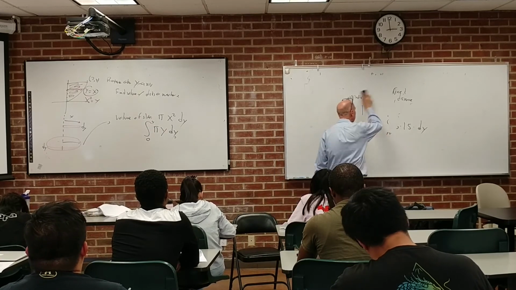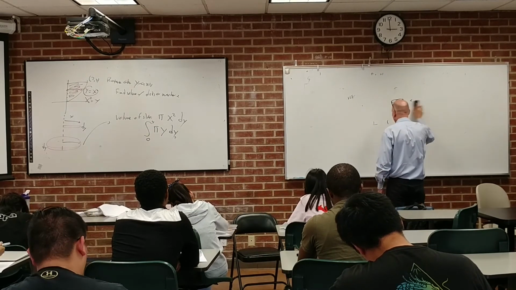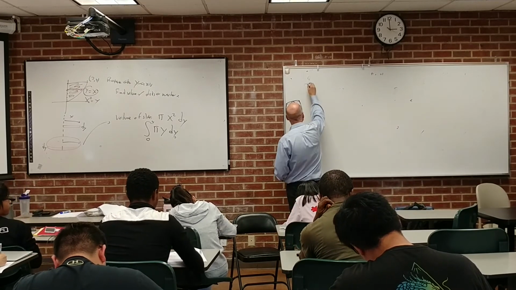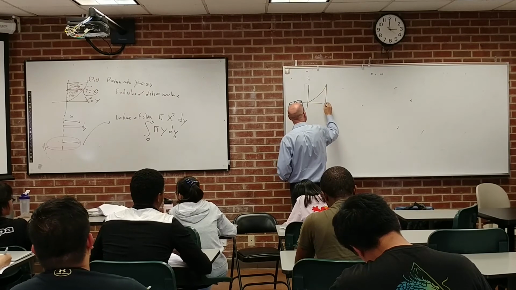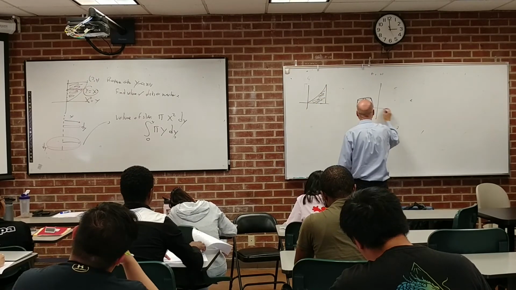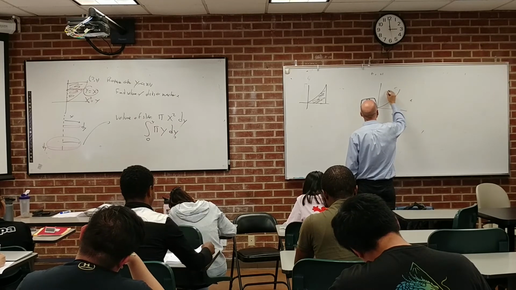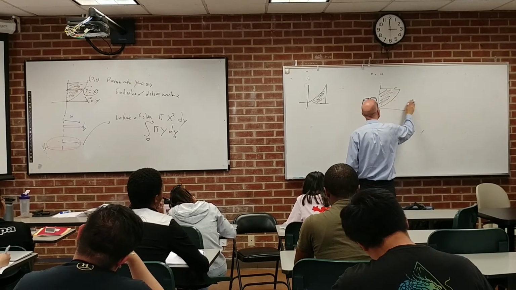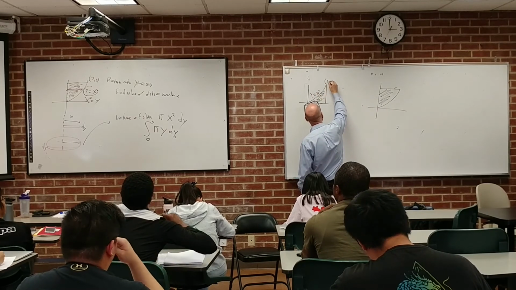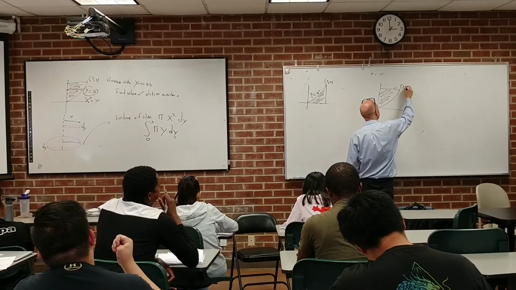So your problems, again, I'm going to give you a simple one and then a more complicated one. We use that same curve, y equals x squared again. Same starting point.